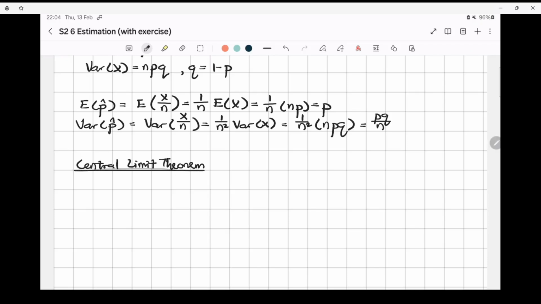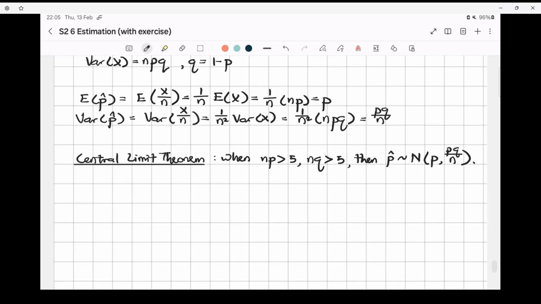The constraint, which is just a guideline, is that when np is greater than 5 and nq is greater than 5, then your sample proportion can be approximated by a normal distribution, whereby the mean will be p and the variance will be pq divided by n. This is very important because this allows us to find the confidence interval.